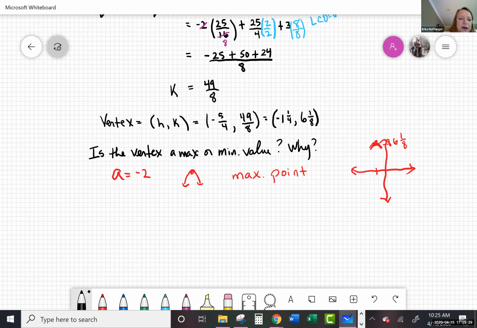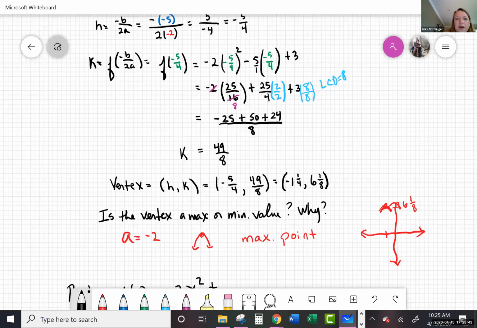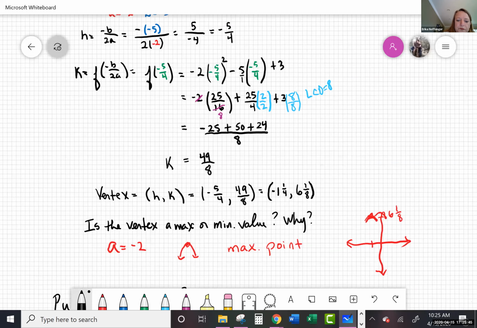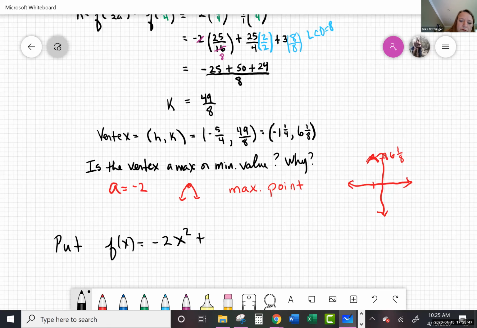What if it said to put f of x, our equation, -2x squared, I believe it was +3, right? Nope, minus 5x plus 3, in vertex form.